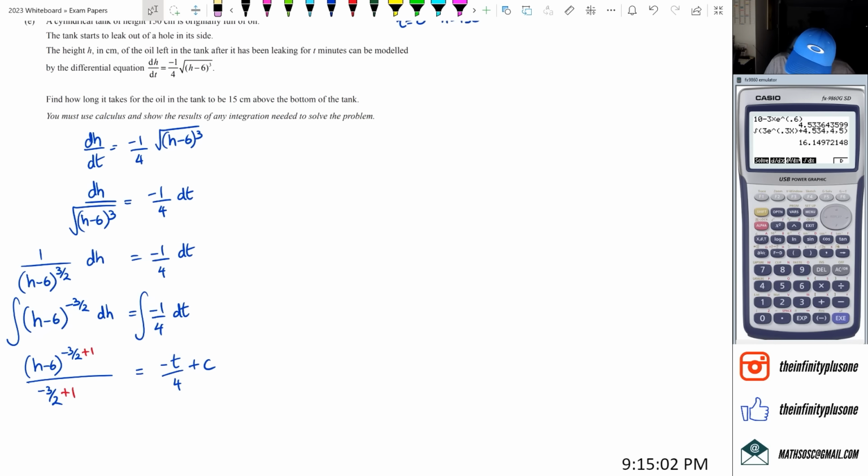So the next part is -3 over 2 plus 1, which is -1/2. And if it's -1/2, we've actually got h minus 6 to the power of -1/2, divided by -1/2, equals -t over 4 plus c.